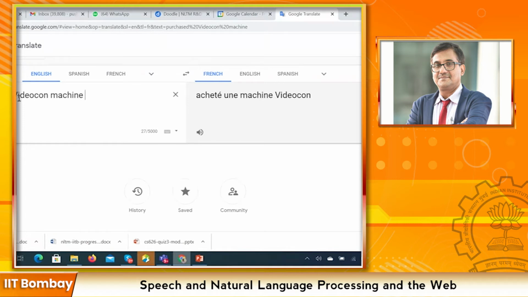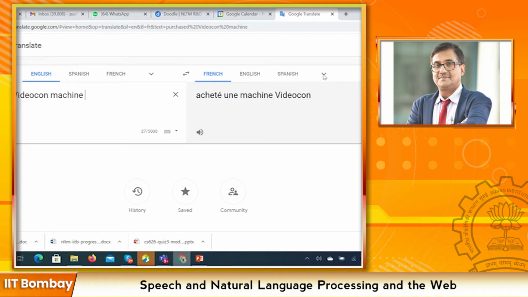So French puts the adjective after the noun. So that transformation has happened, but it is so fast that you could not spot the latency for Videocon machine. Okay. Now this is okay as far as English to French is concerned, low latency for going from English to French.